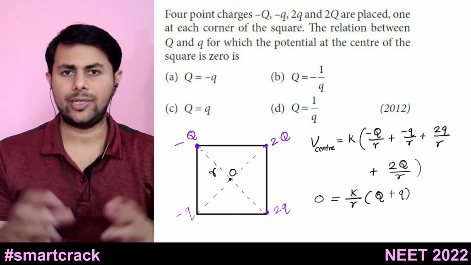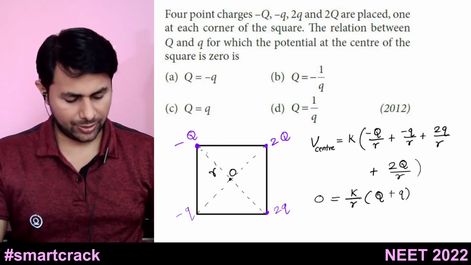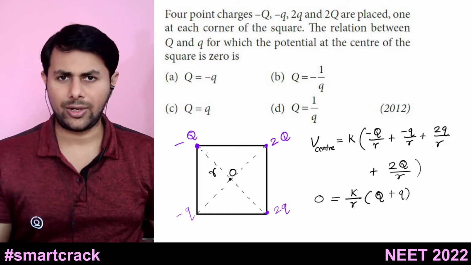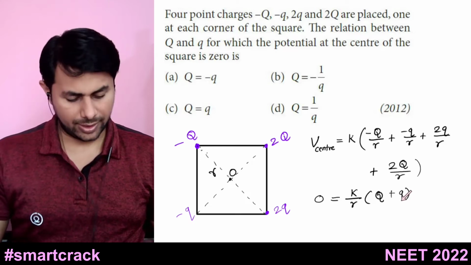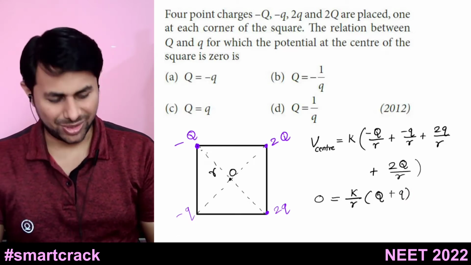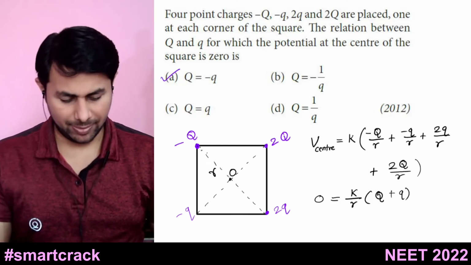And since this is equal to 0, because k upon r is not 0, q plus small q is 0, and therefore q should be equal to minus small q. So this is very simple.